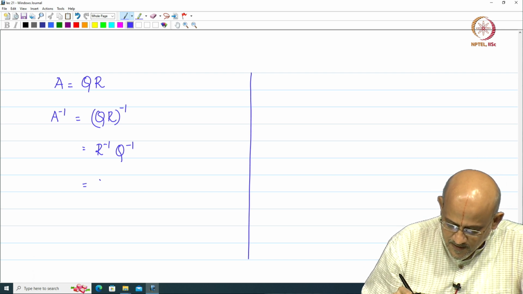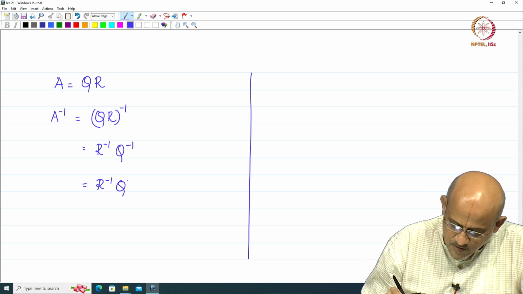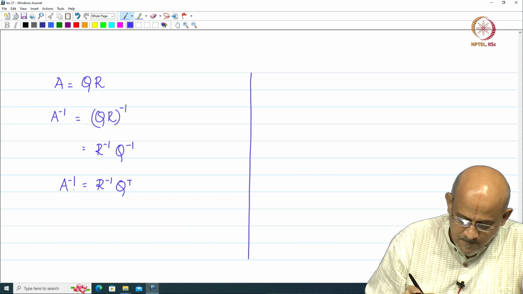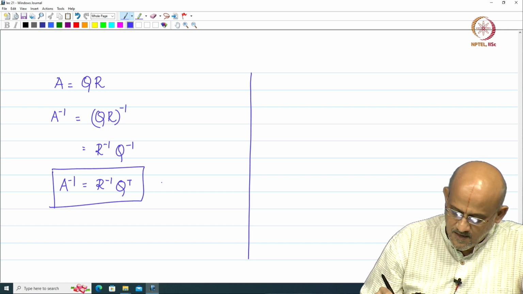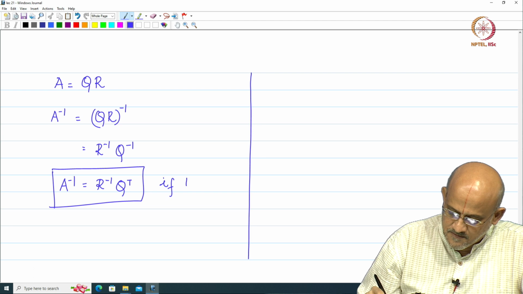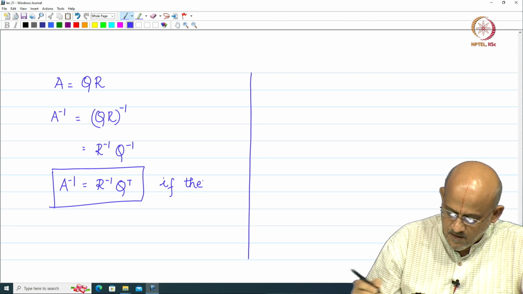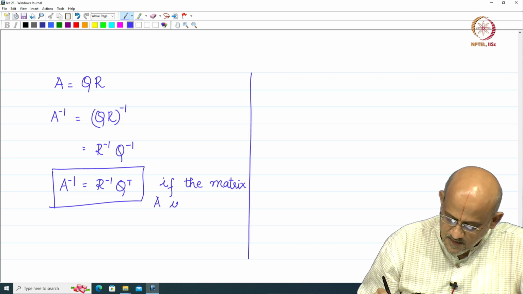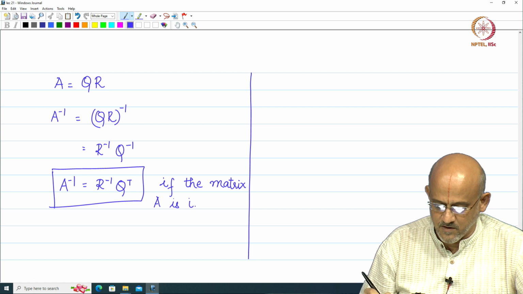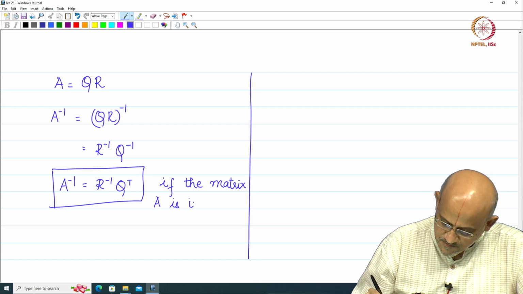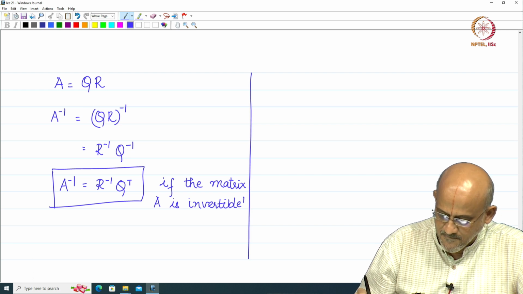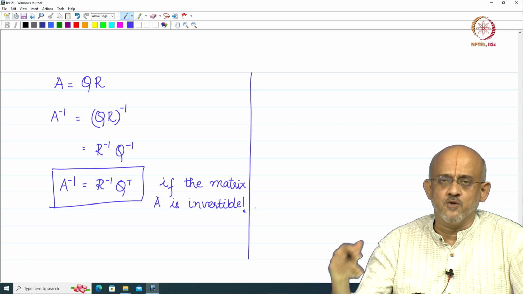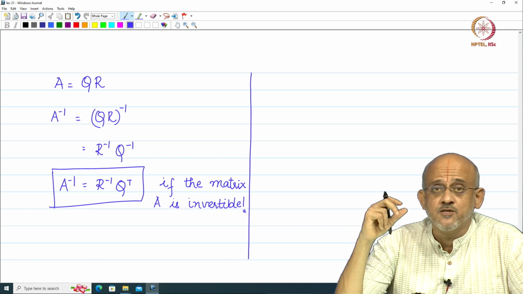So what I am going to get is R inverse Q transpose, right, if the matrix A is invertible. If the matrix A is invertible, then you can write A inverse is equal to R inverse Q transpose, right.